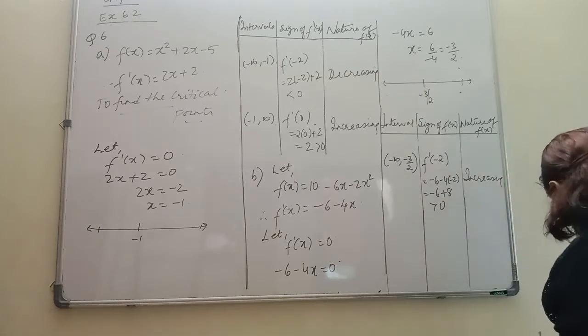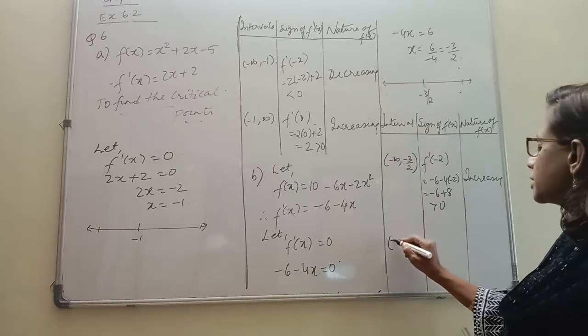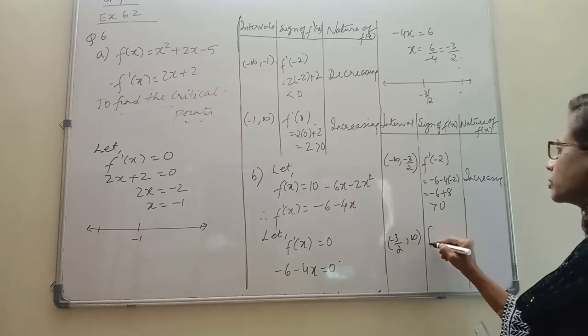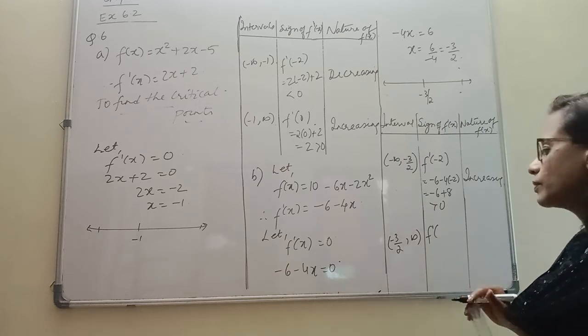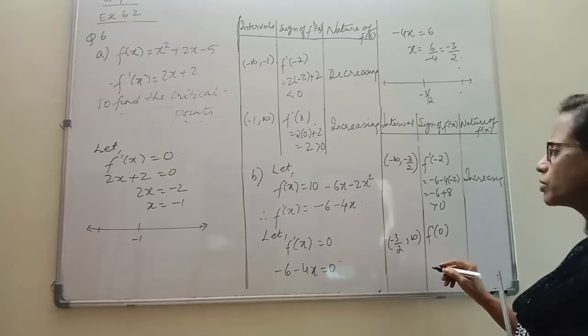So also we go to the next interval. Obviously, the next interval is between minus 3 by 2 and infinity. And there we take f dash at 0. 0 comes to our rescue.